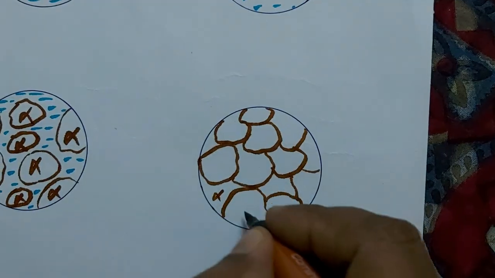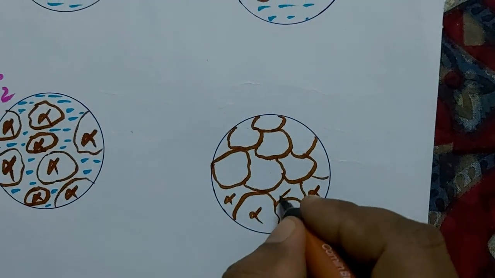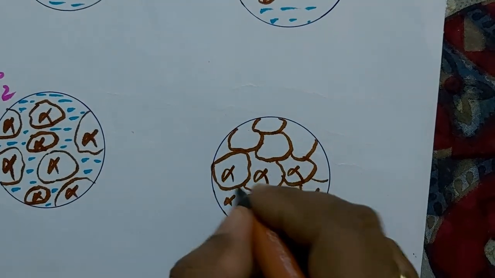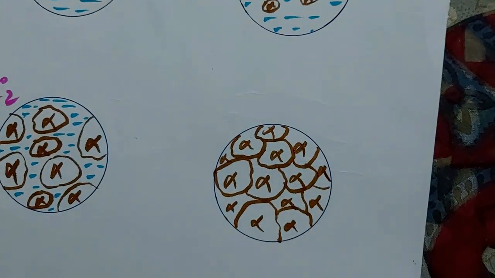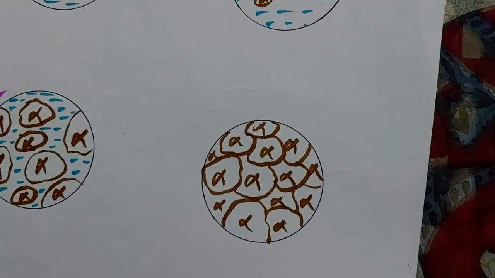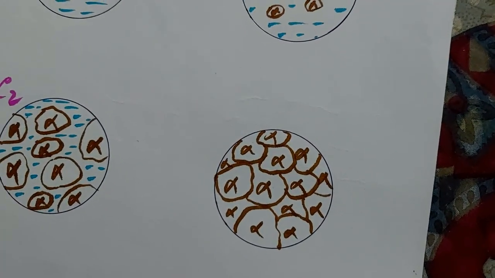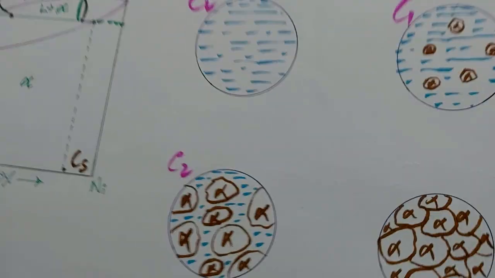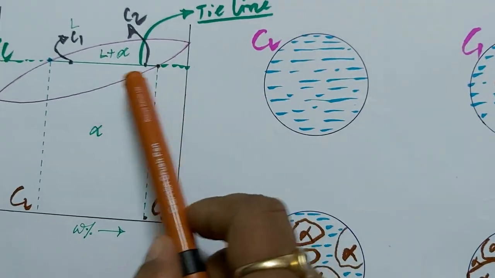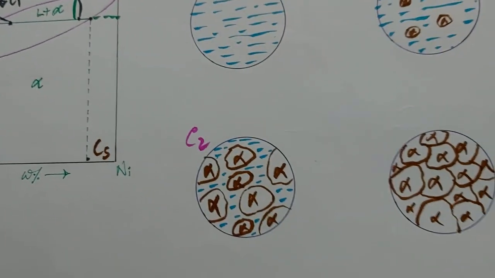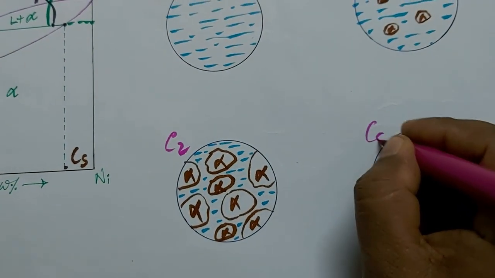So the microstructure will be like this. We have only solid phase, no liquid phase, as the point is lying in the solidus line. So this is for CS.